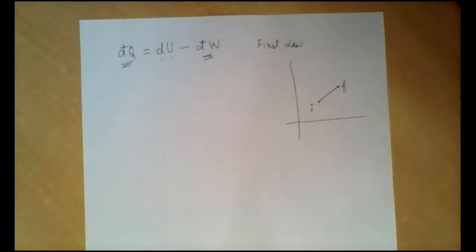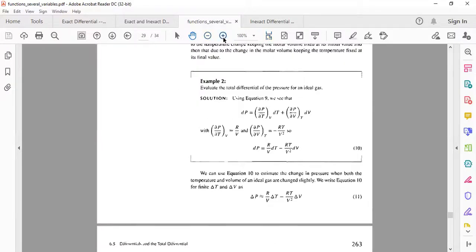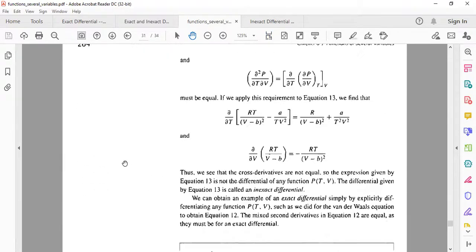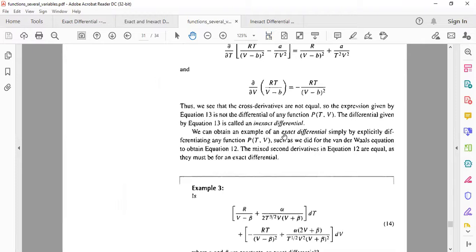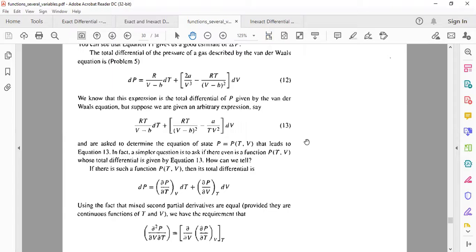Let us come back to screen sharing. In inexact differentials, this expression cannot be written as the total differential of any function.